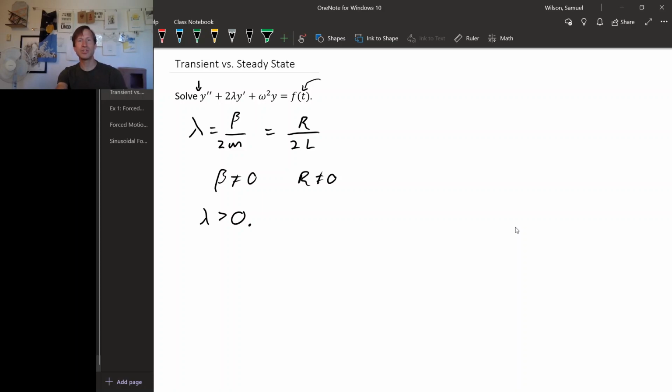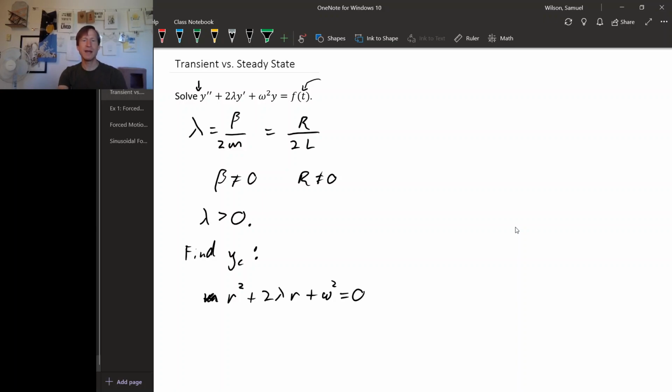So when we go to solve this differential equation, the first thing that we'll do is find y sub c, and to find the complementary solution y sub c, we'll write down the characteristic equation for the associated homogeneous equation. Let me use r for the variable in that equation: r squared plus 2 lambda r plus omega squared equals 0.